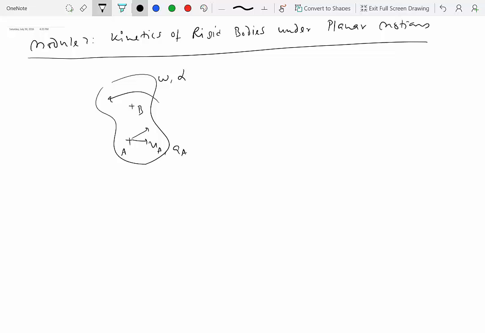And the two fundamental relationships that we used were that velocity of B, choosing A as a reference point, was velocity of A plus omega cross R of B with respect to A. So that was the vector. And acceleration of B was acceleration of A minus omega squared R of B with respect to A plus alpha cross R of B with respect to A.